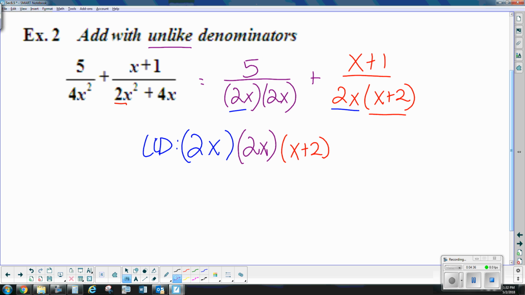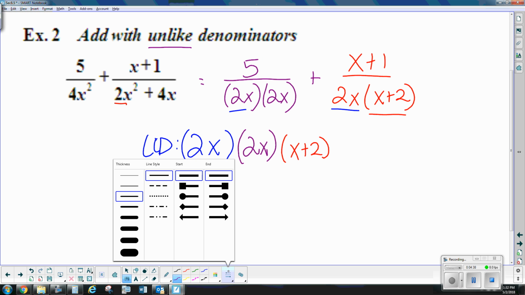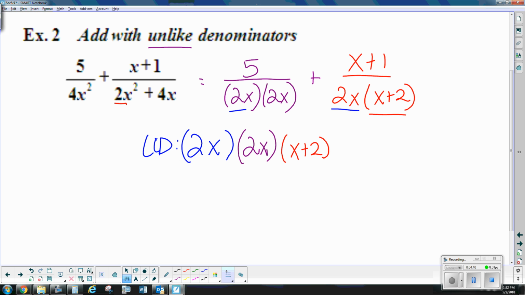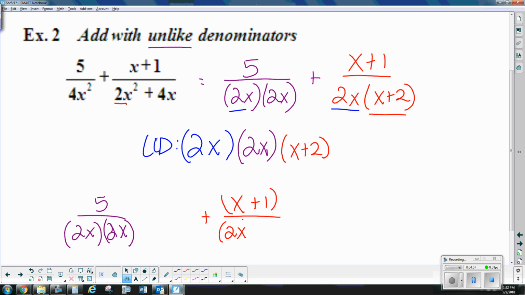Okay, so now I'm going to take my factored terms. So I have 5 over 2x times 2x, plus x plus 1 over 2x times x plus 2.